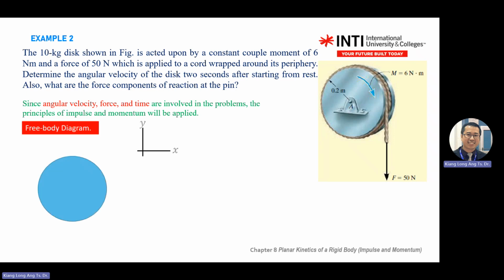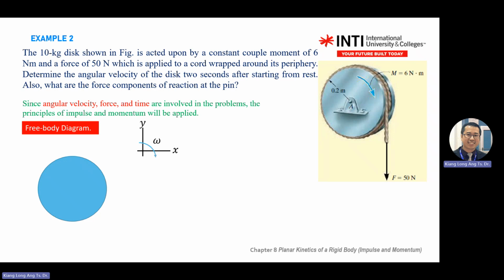We draw the free body diagram. Again, we only apply the three equations, right? You draw where your positive x and y are, and where the positive direction of omega is. This is very important for chapter 8, these axes. When you want to apply the principle of impulse and momentum, always draw these axes first. Omega positive will follow the motion so that you get a positive result in your solution.